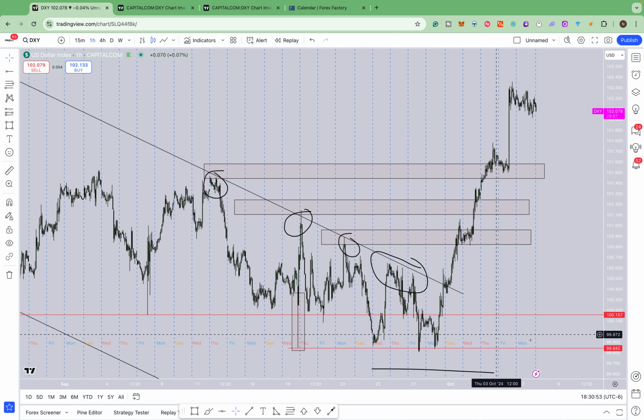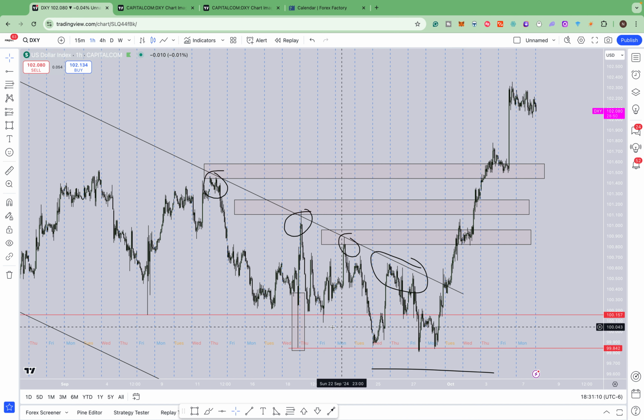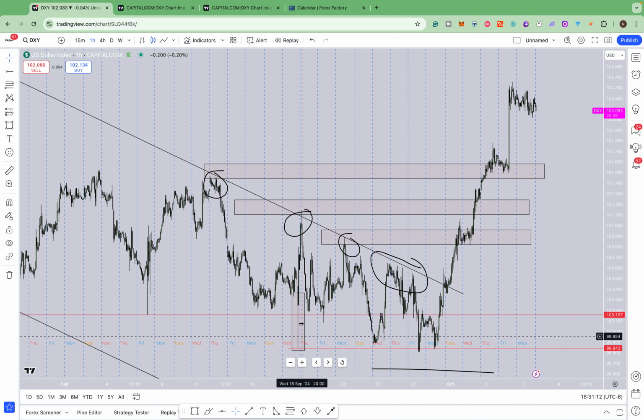Now, notice that they also broke through an extremely psychological level on the dollar, which was the 100.00 price level right here. So they broke past this during a rate cut event, which was apparently going to be very bearish for the dollar.